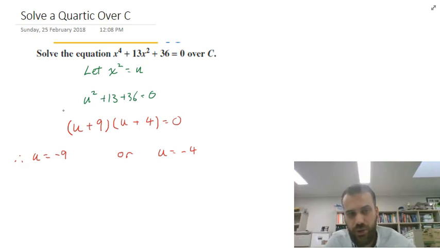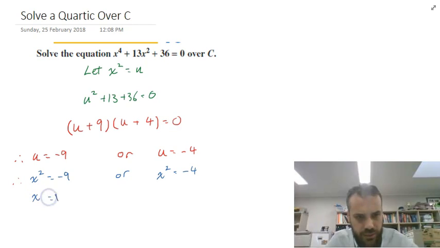Now, of course, I'm not solving for u, I'm solving for x. So, subbing back in, therefore, x squared equals negative 9, or x squared equals negative 4.